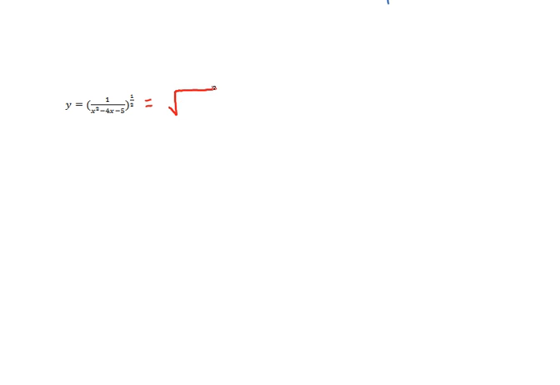So we can consider this as the square root of 1 over, let's call it g of x, where g of x equals x squared minus 4x minus 5, which factors as x minus 5 and x plus 1.